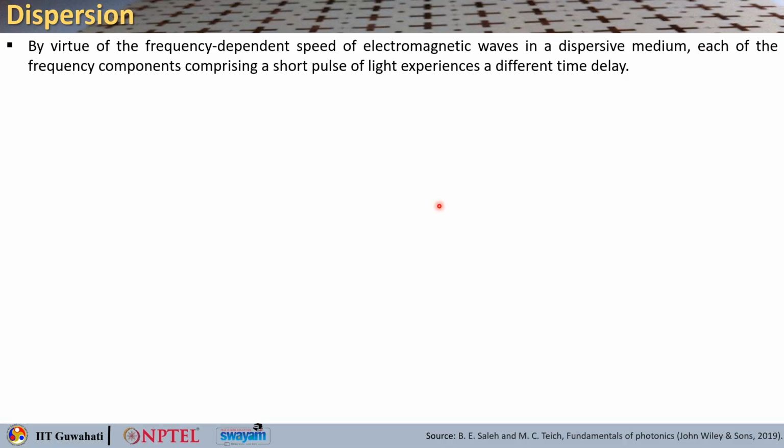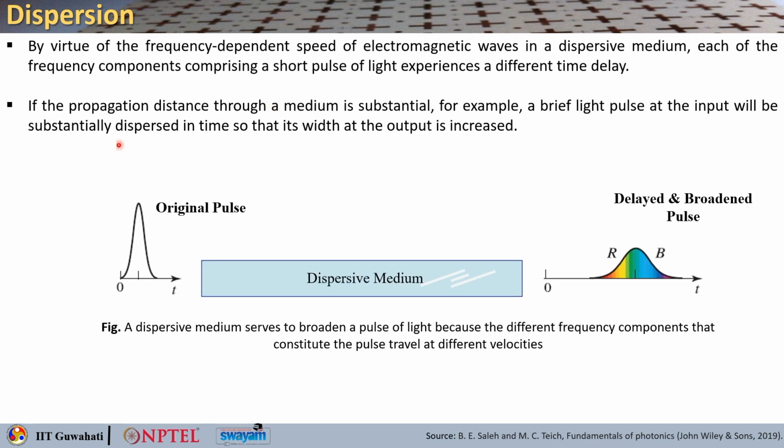Now, by virtue of this frequency dependent speed of electromagnetic waves in a dispersive medium, each of these frequency components comprising a short pulse of light will experience a different time delay, and if the propagation distance in the medium is substantial, a brief narrow pulse at the input will get delayed and broadened.